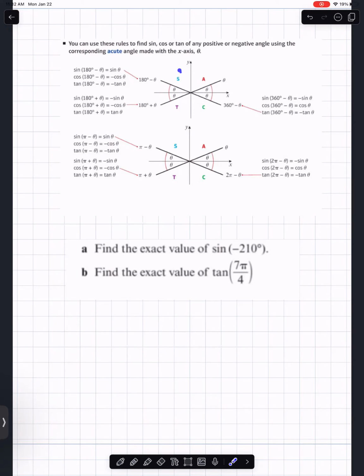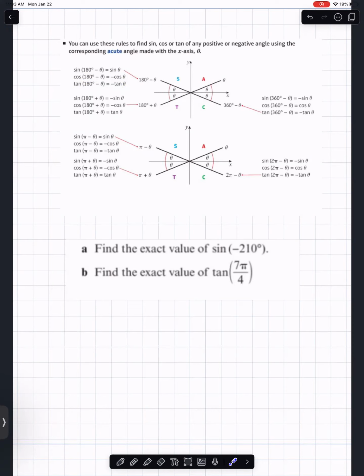So we move to the second quadrant, where sine of angles is positive. That means sine of 180 minus theta is equal to sine theta. Then cos of 180 minus theta means cos is negative. Take note of that. Then tan of 180 minus theta will also give us a negative tan.